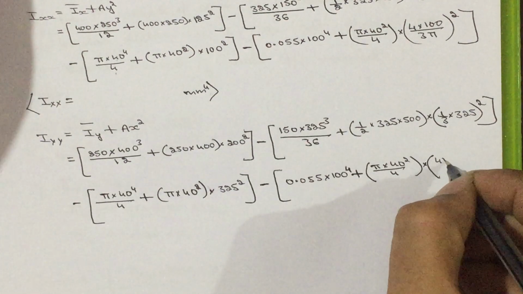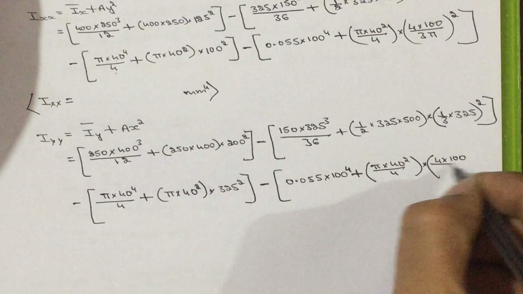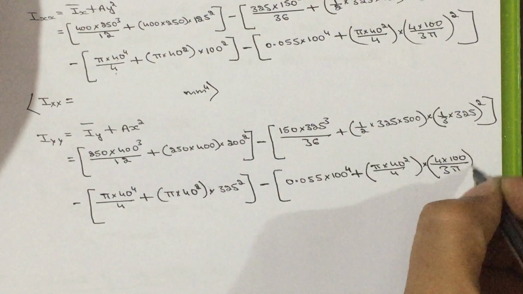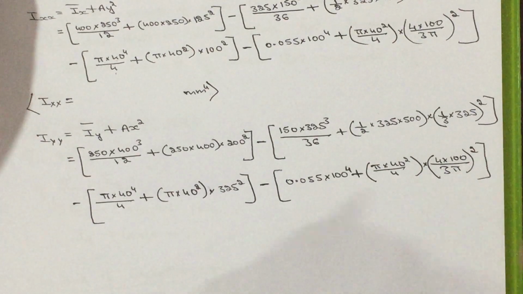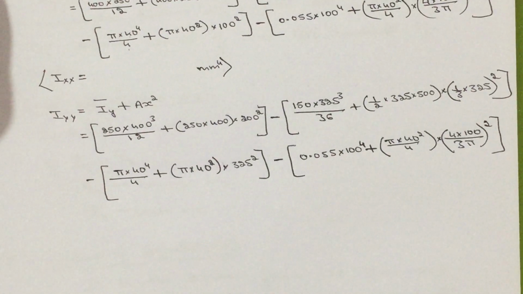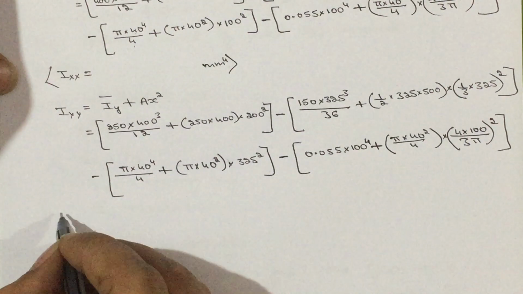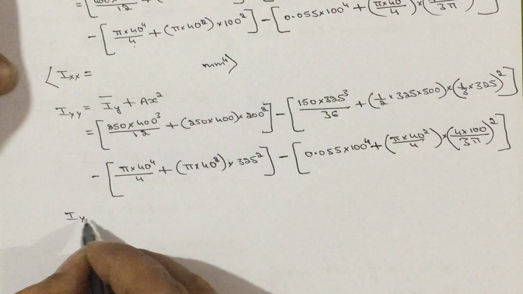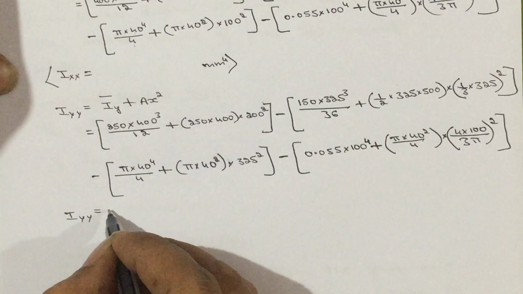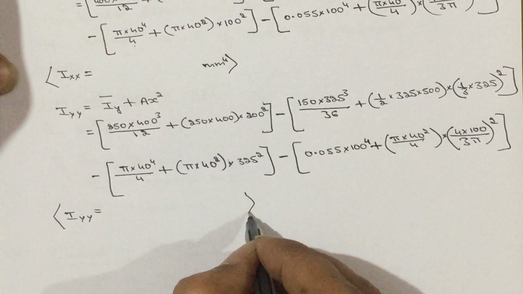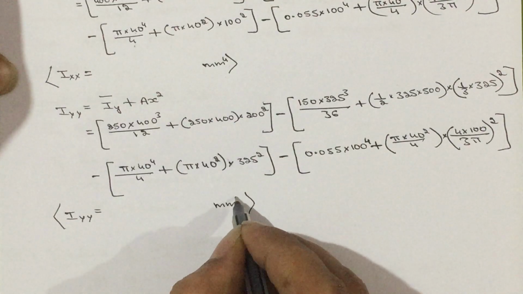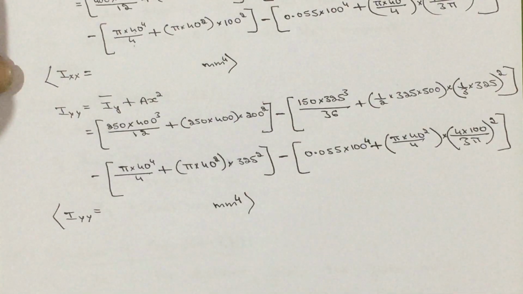So, 4 into radius, 100 divided by 3 pi, whole square. If you calculate, you are going to get Iyy in terms of mm to the power of 4.